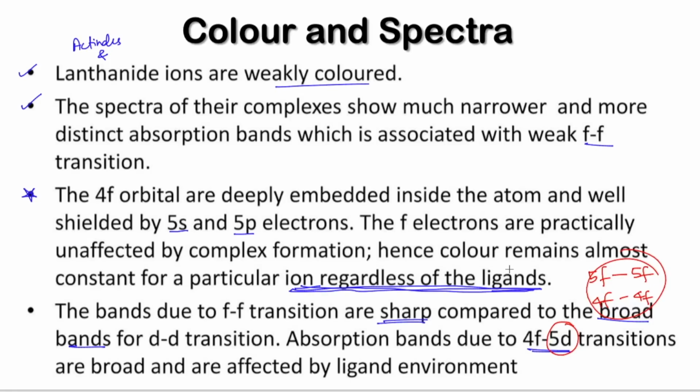So you can write down that FF transitions are sharp and unaffected by the ligand environment. These are two very important points regarding the FF transitions happening in lanthanides or actinides.